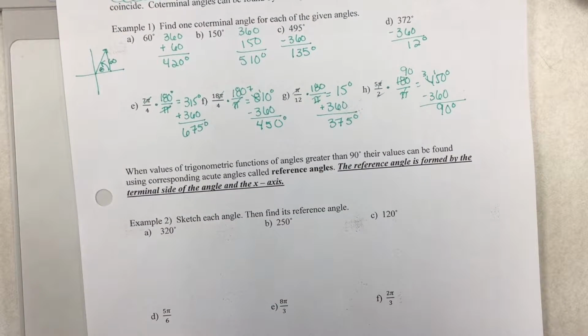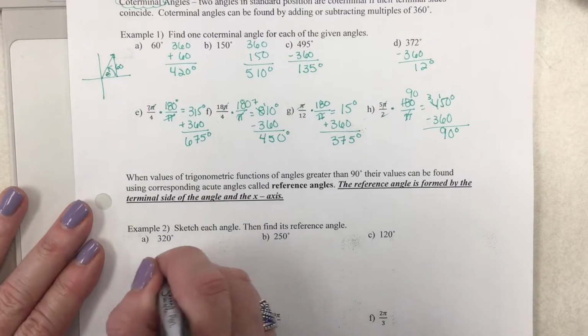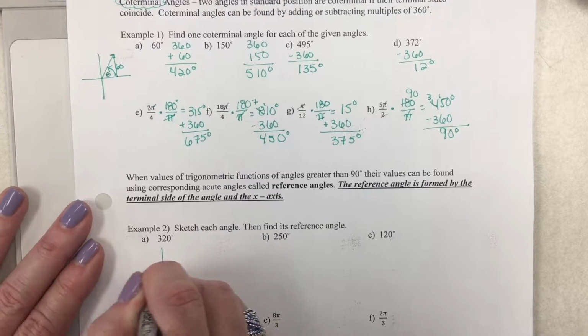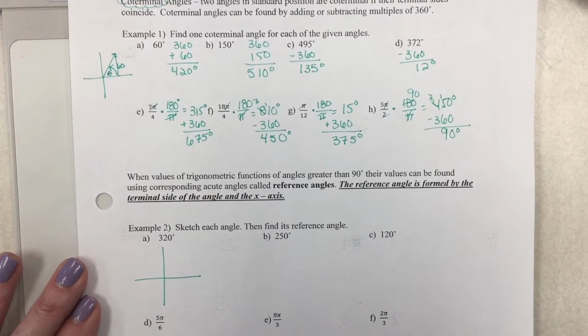So step one, draw the angle that's given on an x and y coordinate plane. Using your unit circle, look and see, it's not going to be exact, but where would 320 degrees fit approximately? Which quadrant does 320 degrees lie in? First, second, third, or fourth?